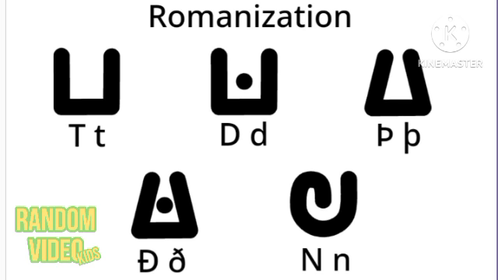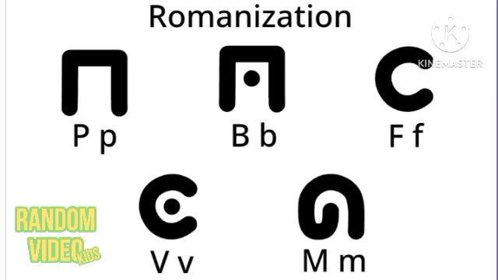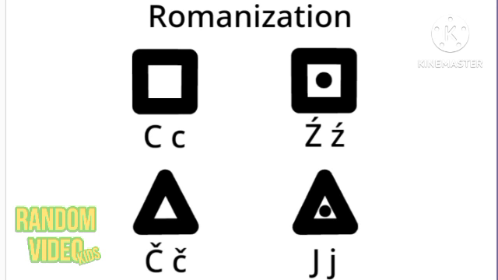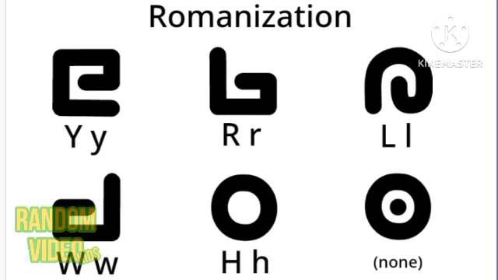Noon, N. Bet, P. Bet, B. Fad, F. Vad, V. Meme, M. Z, C. Z, Z with acute. Cheem, C with caret. Jeem, J. Yut, Y. Rod, R. Lam, L. Wig, W. Hot, H.